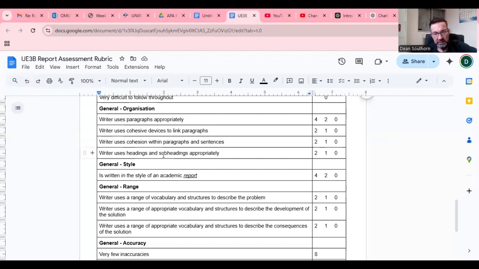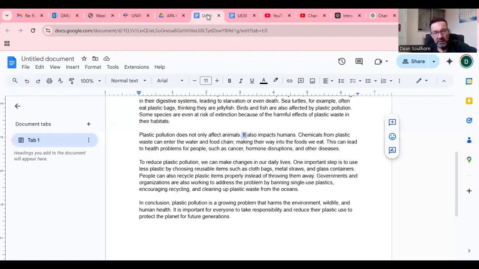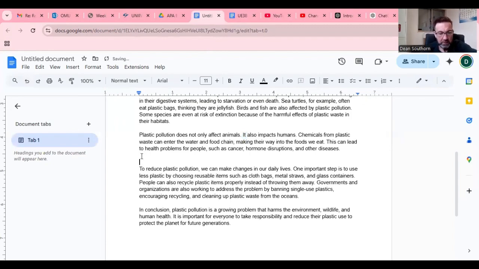Subheadings and headings. So these are reports. So they can be very simple, such as solutions, you know. If it's one solution, it could be that; if there's more than one solution, solution one, maybe reducing plastic use.